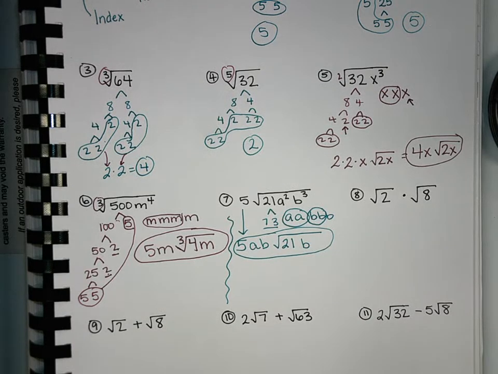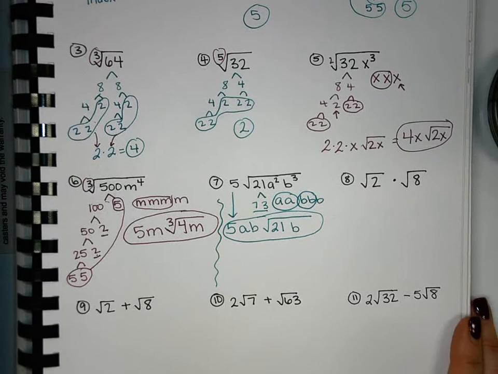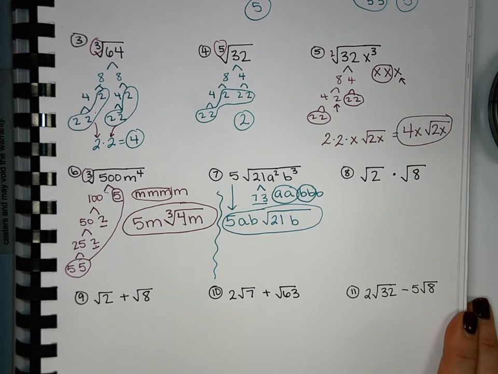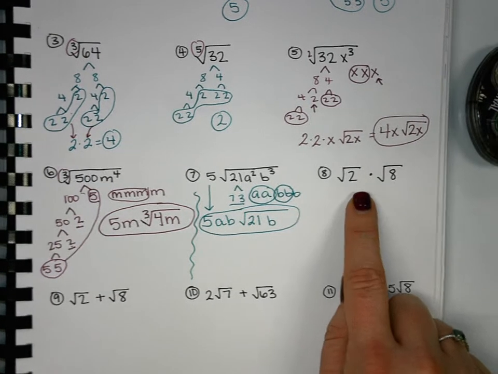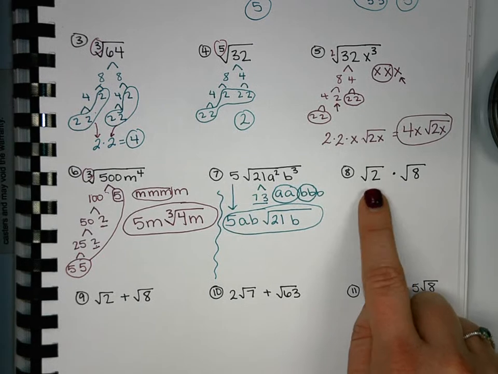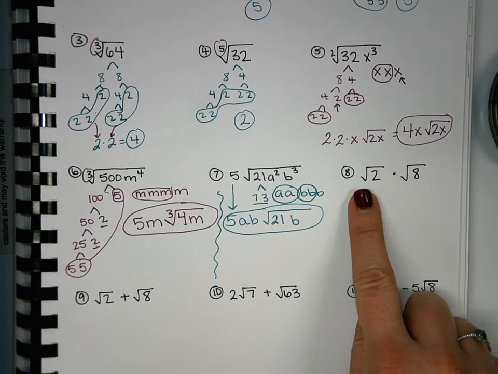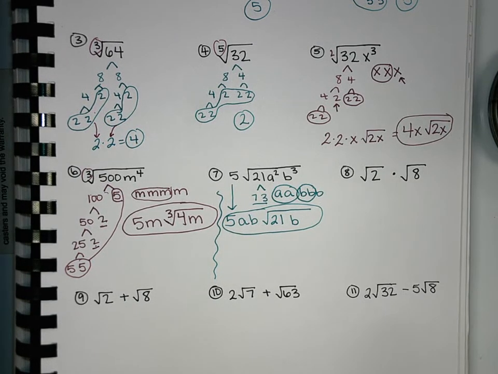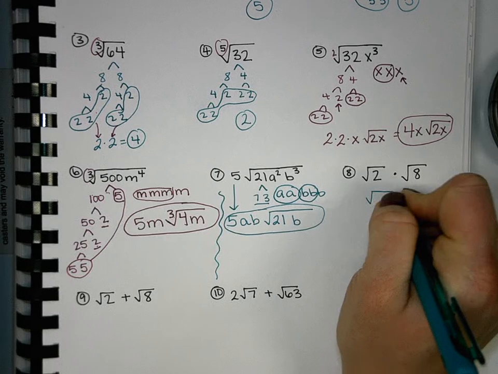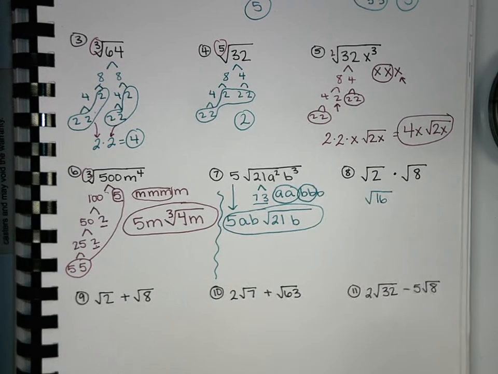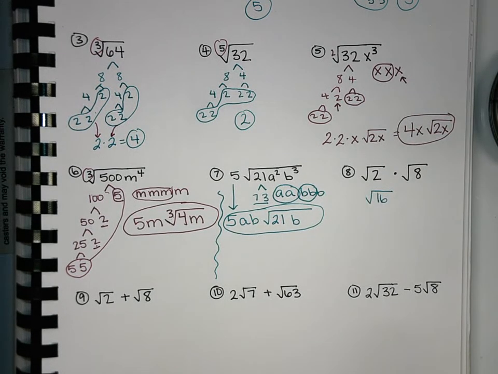So the last 4 problems we have here with radicals, we're still simplifying, but we're doing some other operations as well. Anyone remember what we did when we had 2 square roots multiplied together? You multiply them, and they stay inside the square root. Then what did we do after we multiplied them?